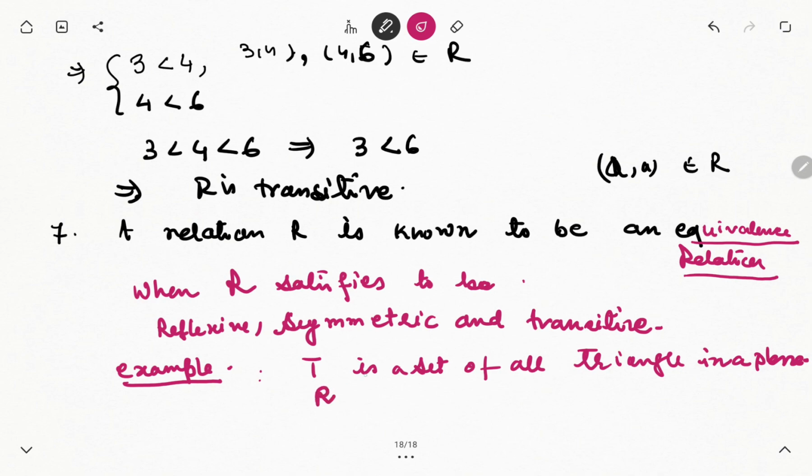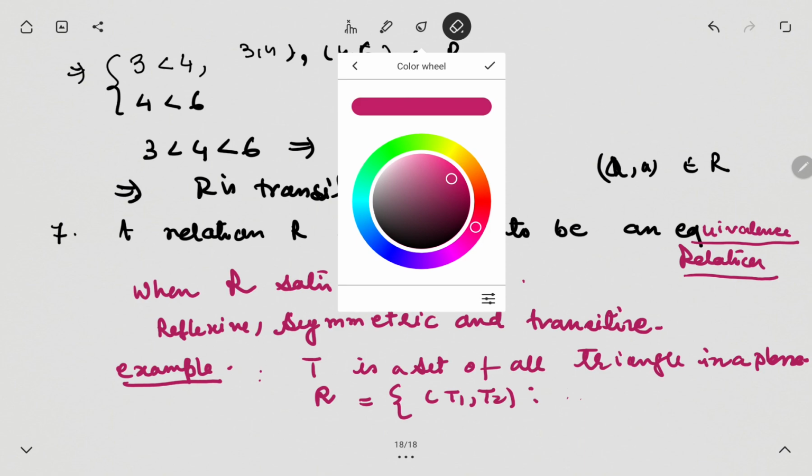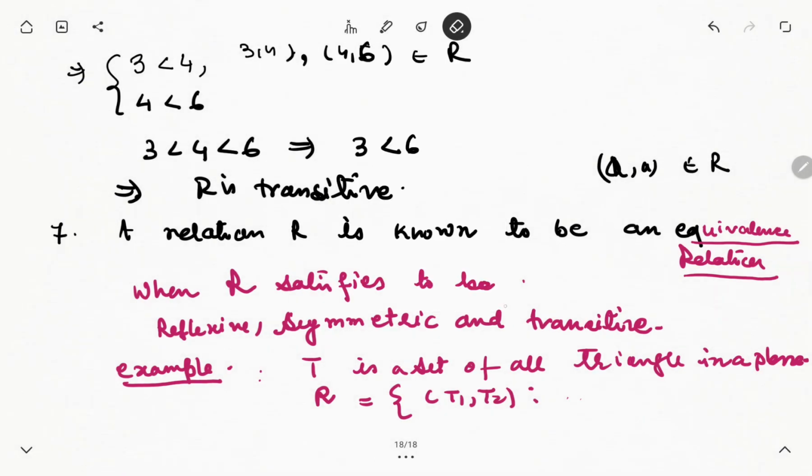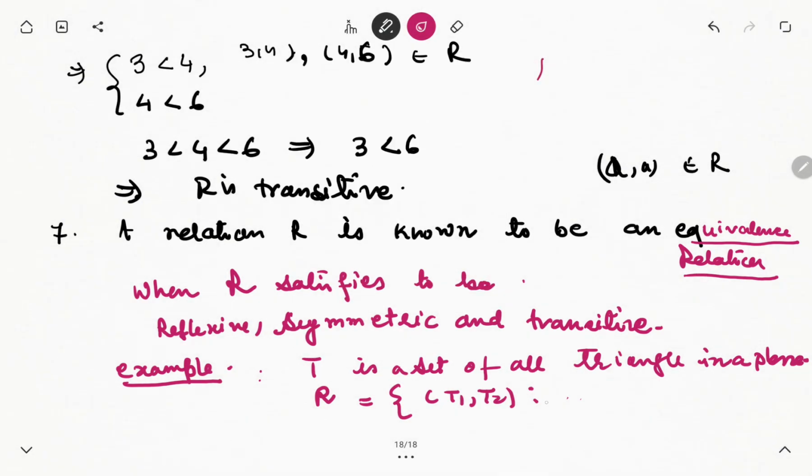And R is the relation given such that two triangles are related to each other if T1 is congruent to T2. I am sure that you know about congruent triangles and similar triangles.